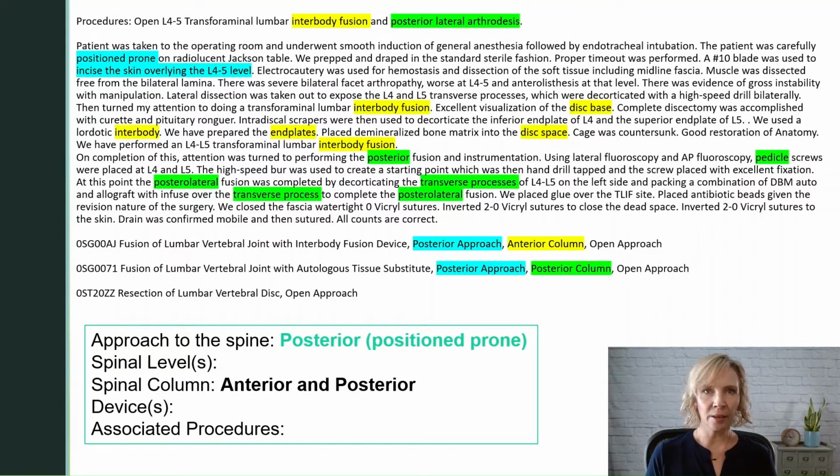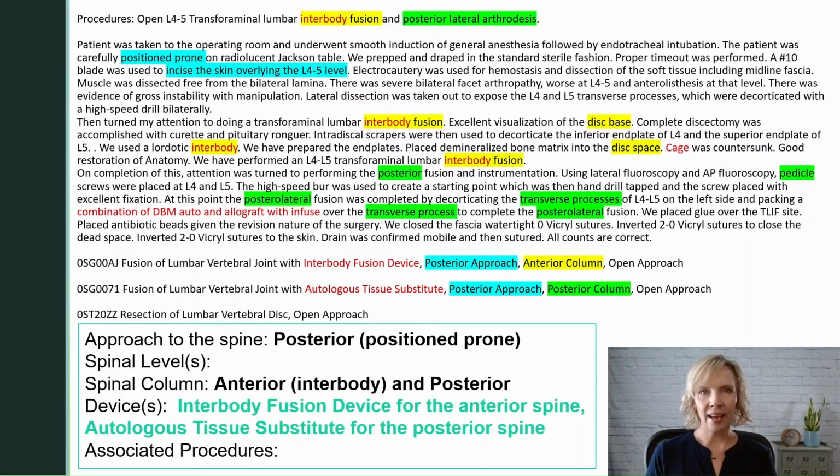I've highlighted the applicable documentation in turquoise. In this case, the operative report describes that the patient was positioned prone and that the incision was made over the lumbar level, indicating that the approach for this procedure was through the back, and so a posterior approach to the spine.